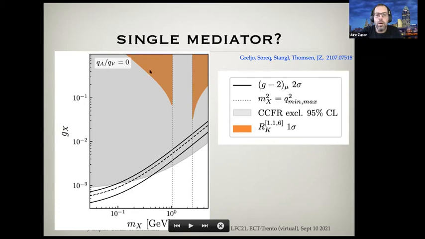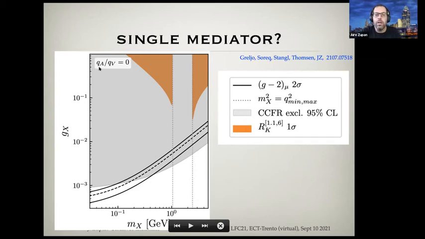This is where the B to K mu plus mu minus would be if you satisfy the B to K nu. The black region is where the G minus 2 of the muon wants it to be, and this grayed out region is where the neutrino trident constraints are.